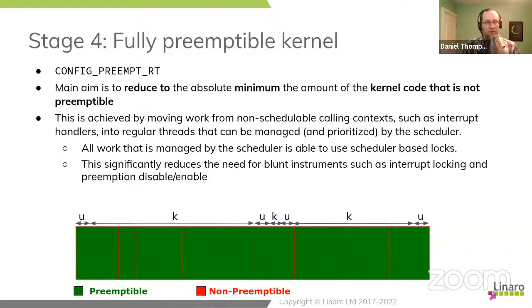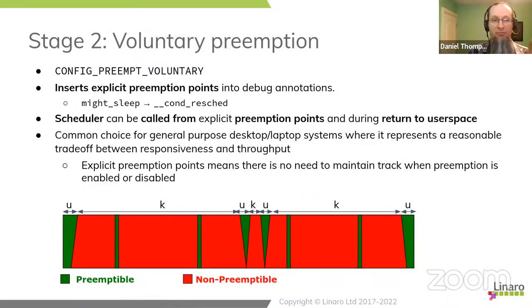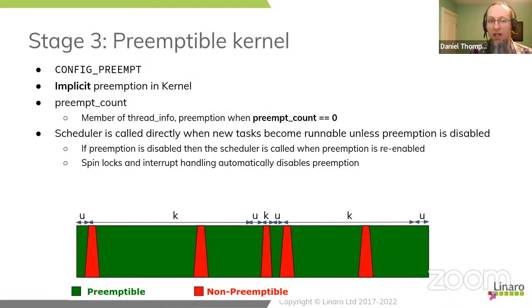The final stage is the fully preemptible kernel, PREEMPT_RT. And this is the point at which, rather than reuse other instruments, so if you think about it, preempt voluntary is reusing might sleep, and the preemptible kernel is reusing the spin locks that we use to assure SMP safety.